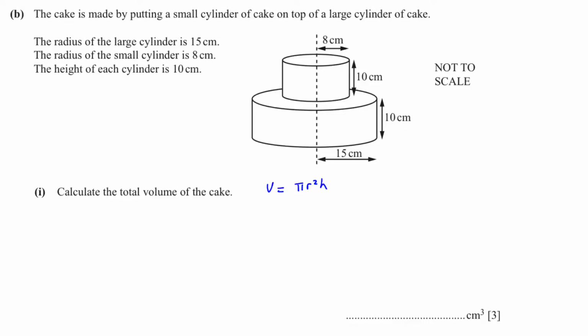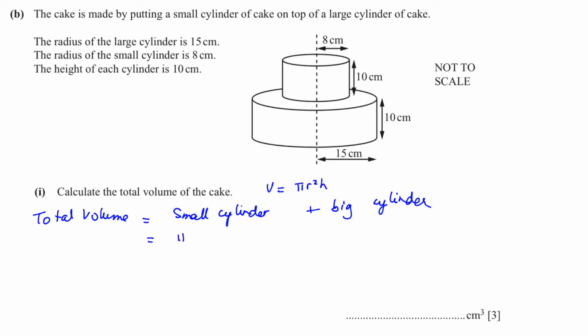We have two cylinders, so we will find the total volume by finding the volume of the small cylinder and we already have all the information we need.